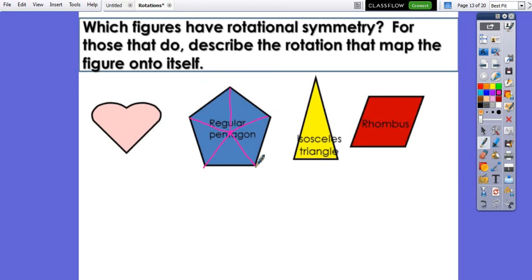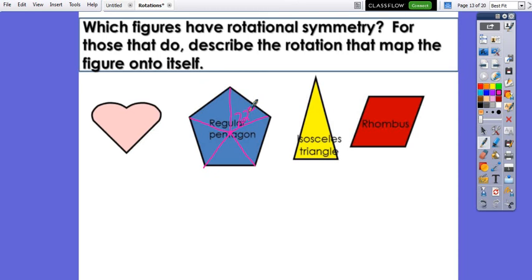So the sides are the same and the angles are the same, which means these angles are the same if we draw to those vertices. All right? So what that means is take 360 and divide it by 5, and that tells you the angle of rotation. So just like with that star earlier, take 360 divided by how many of those little points it had, that would be the angle of rotation. For this one, it's 72 because 360 divided by 5 is 72.